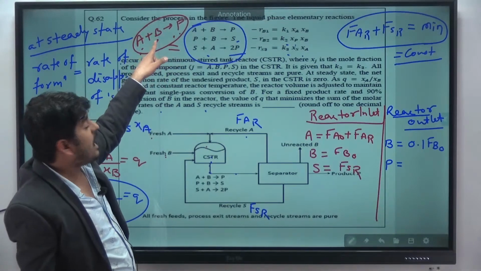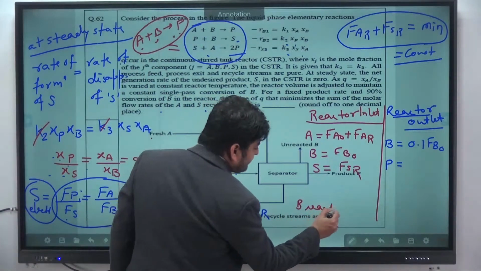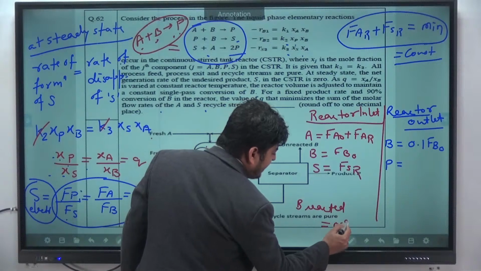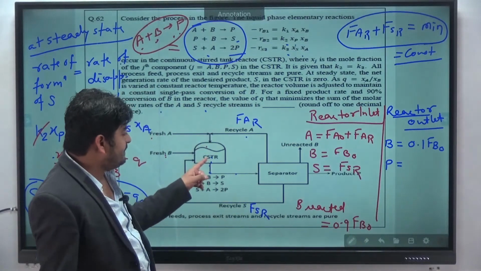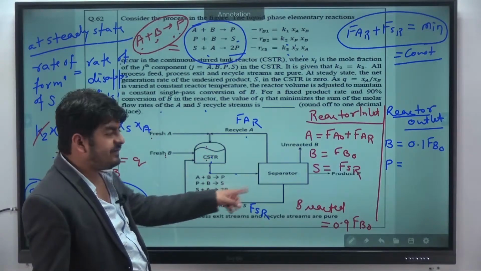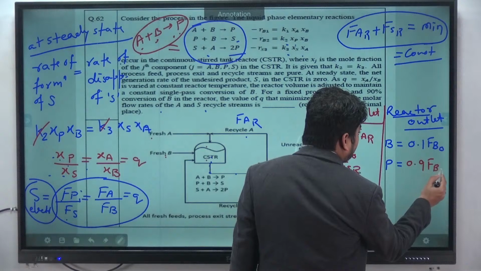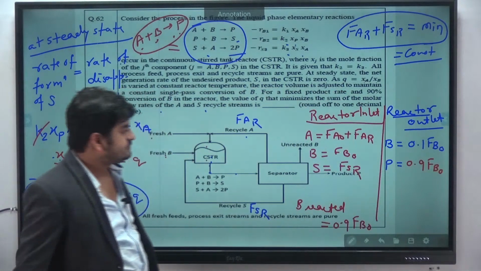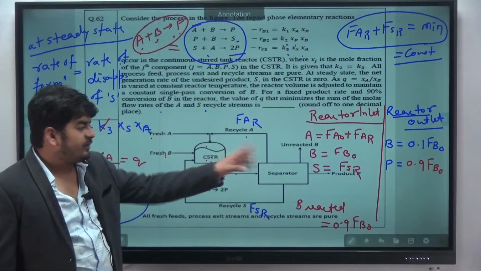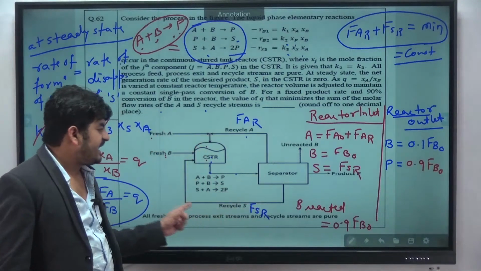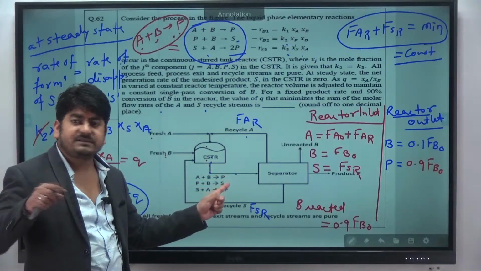How much B has been reacted? The amount of B reacted is equal to 0.9 times FB naught. So whatever B is reacting, the same amount of P will form, and that will be 0.9 times FB naught. Okay, S neither is going in, nor going out. So whatever S is recycling, that is already present in the system, because new S is not forming.